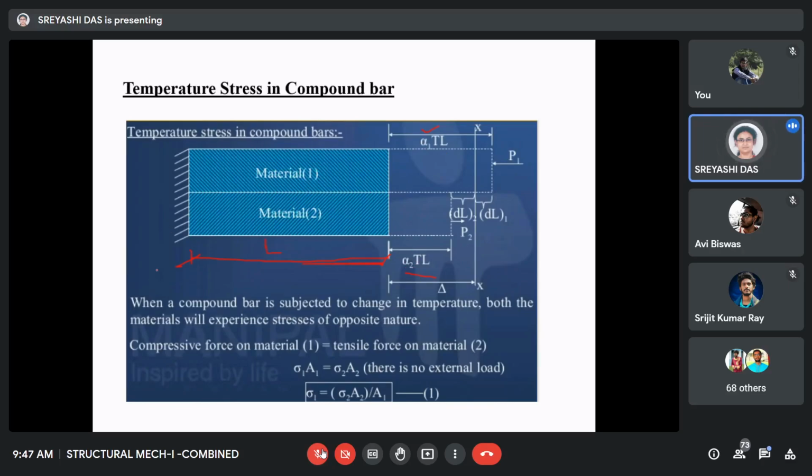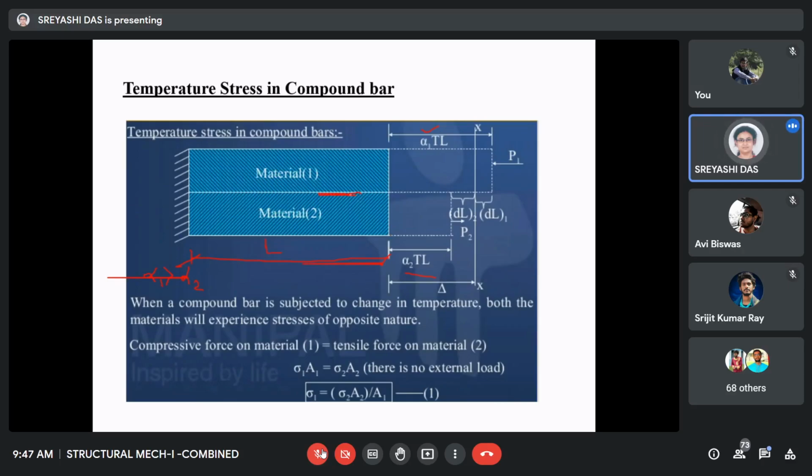So for this figure, we have assumed alpha 1 is greater than alpha 2. If alpha 1 is greater than alpha 2, then the elongation of material 1 will be more than the elongation of material 2. Now, as the bar is composite in nature, there will be no slip here.